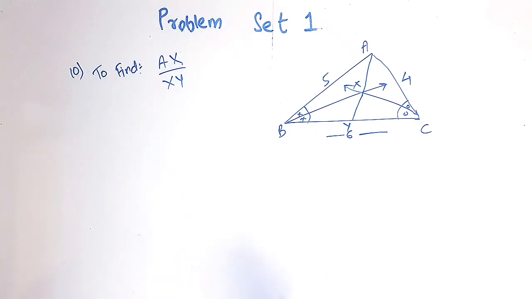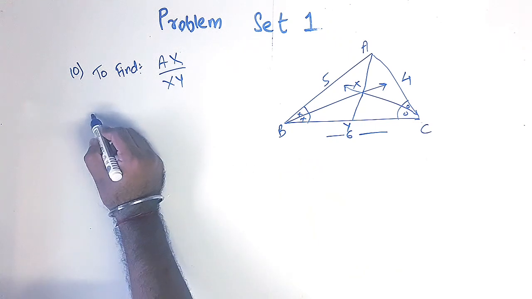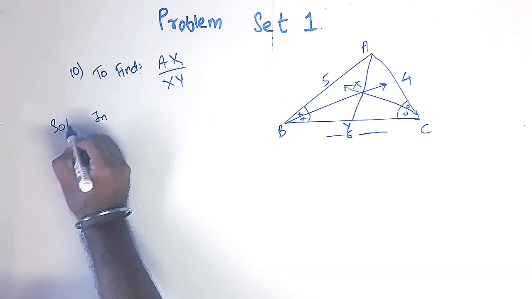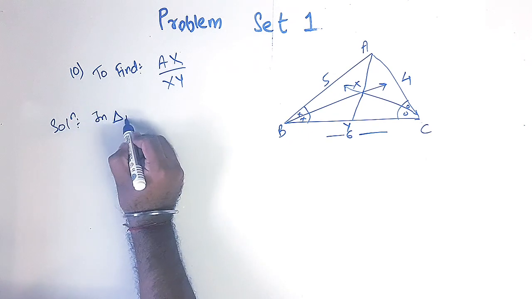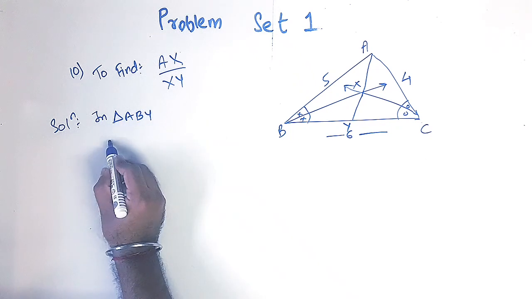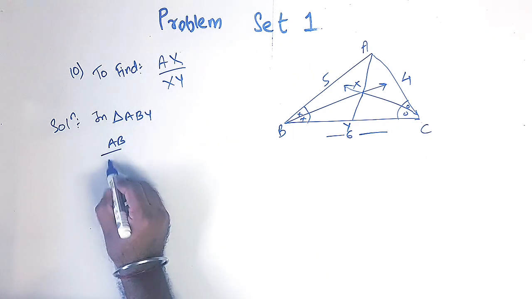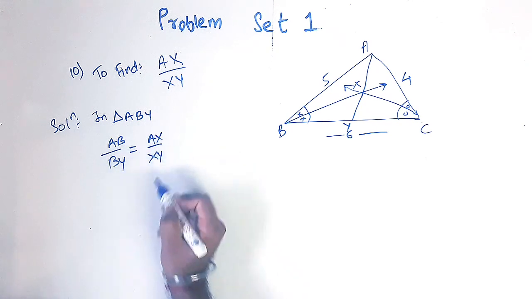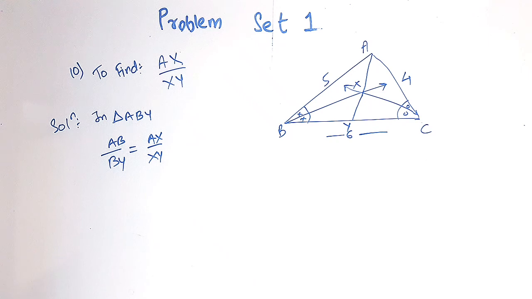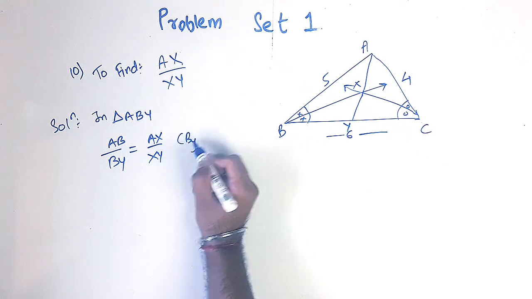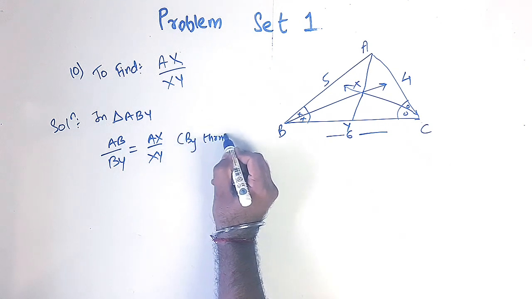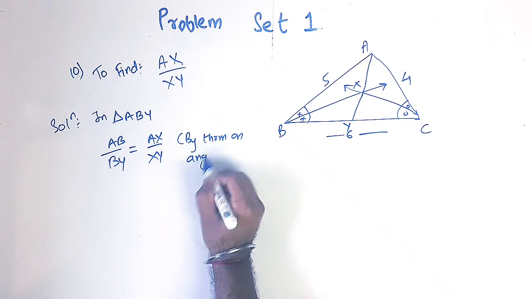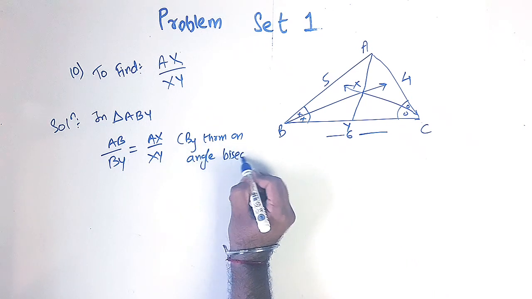One thing we know is that in triangle ABY, AB upon BY equals AX upon XY. This is by the theorem on angle bisector.